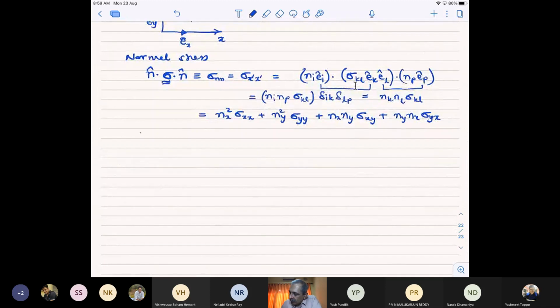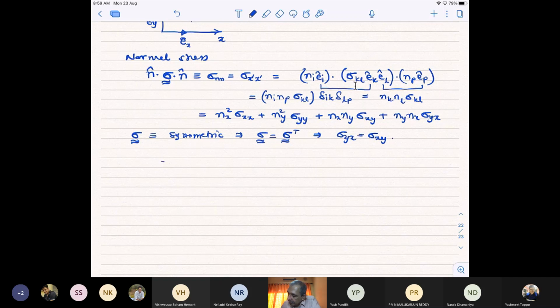Now we will always look at symmetric stress tensors, which basically means that sigma is equal to sigma transpose. So basically, this means that sigma_yx is equal to sigma_xy.